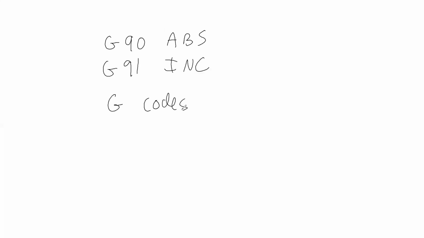All right, so this is going to wrap up this video. The first two are pretty short. Video 1, we went over G90, absolute programming, G91, incremental programming. Then we went over G codes, which are modal. These are cutting and movements.